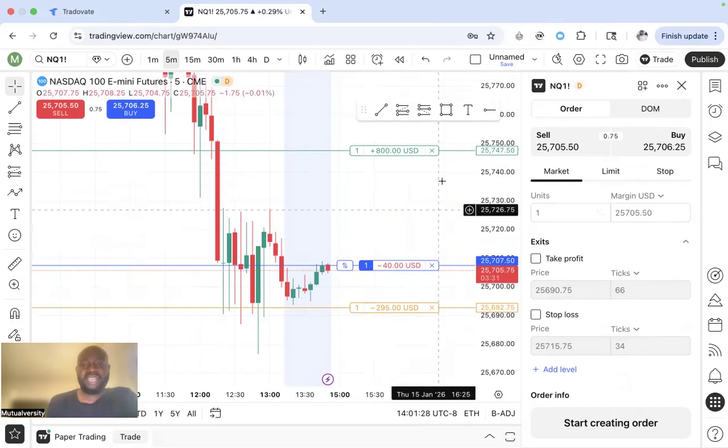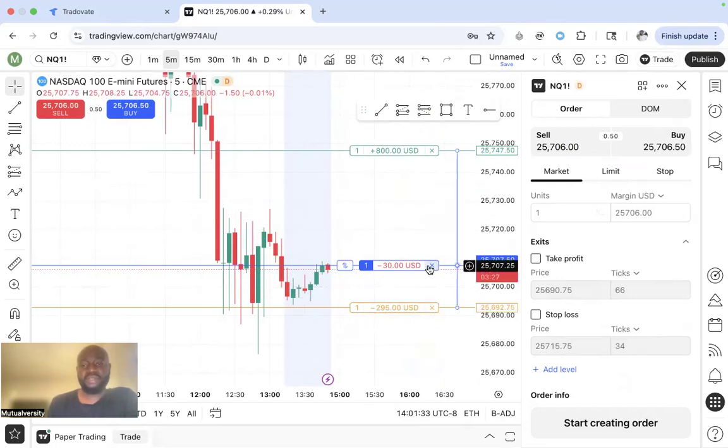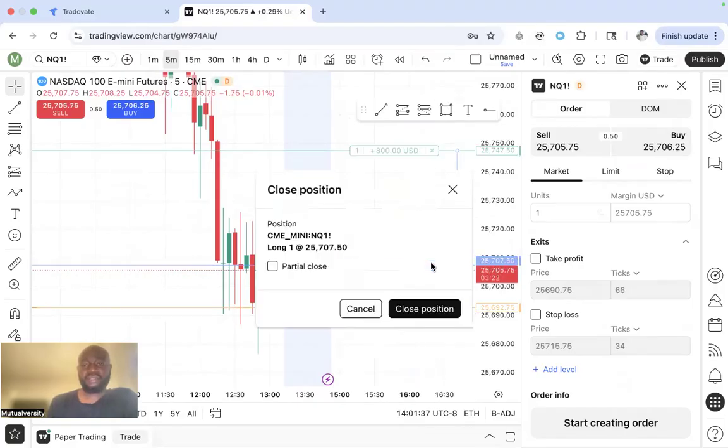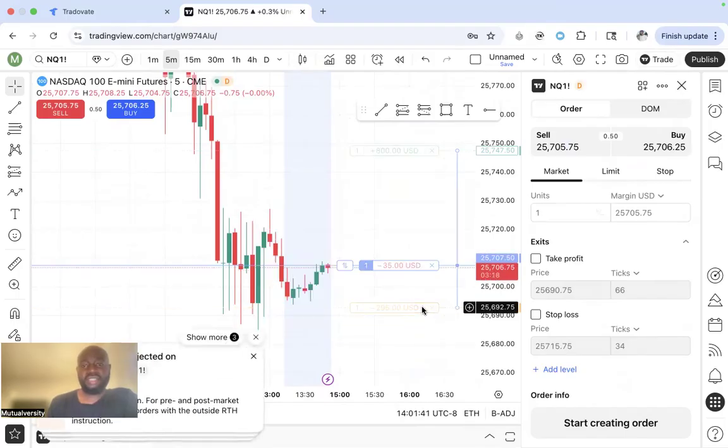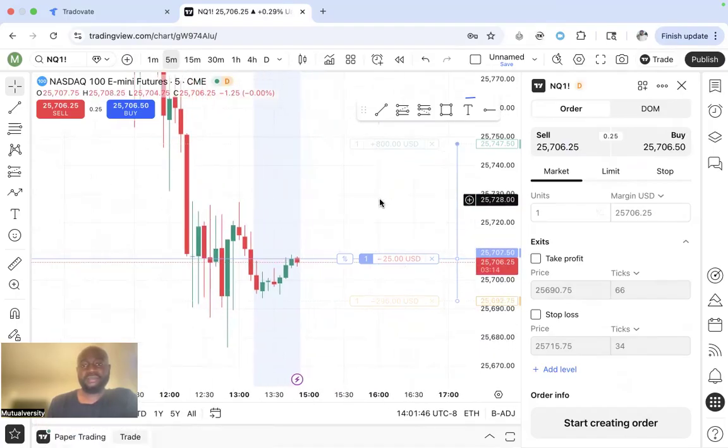But let's say you want to exit this whole order and you don't want to be in it anymore, you just press close position, you press the X here, and then close position, and it will remove you out of the trade. It looks like it's frozen, but once you press the X, it will remove you out of the trade.